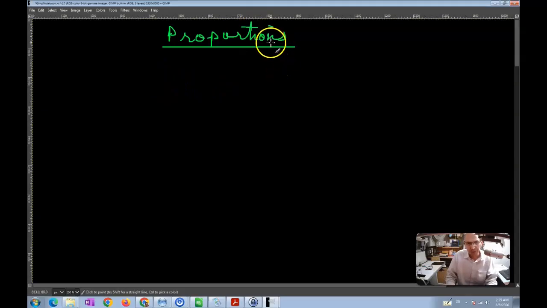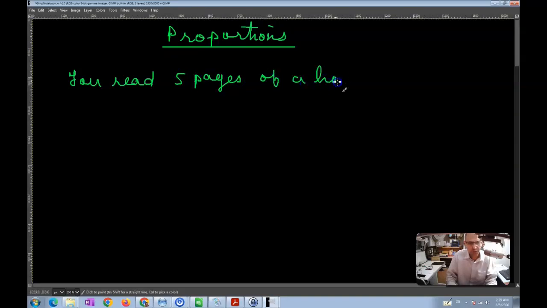Okay, so what is the concept of a proportion? Let's say, for example, the number of pages of a book. For example, you read 5 pages of a book in 15 minutes.